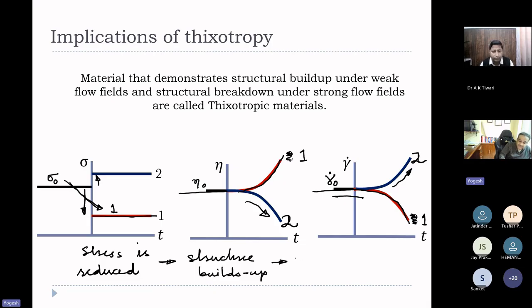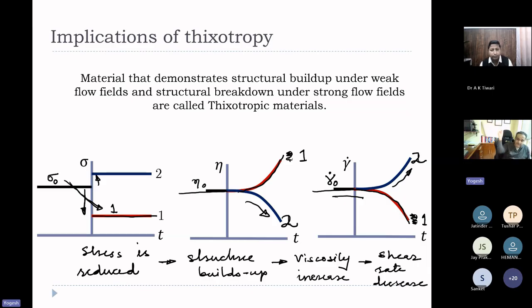Structure buildup means viscosity increase, and increase in viscosity also means that shear rate decreases. So when stress is reduced, we are considering this to be path 1. Viscosity increase has to be path 1, and shear rate decrease has to be path 1. So actually what I said is right.